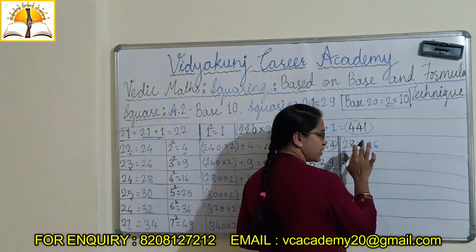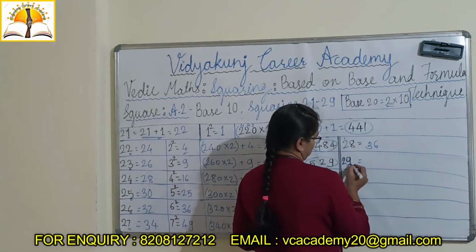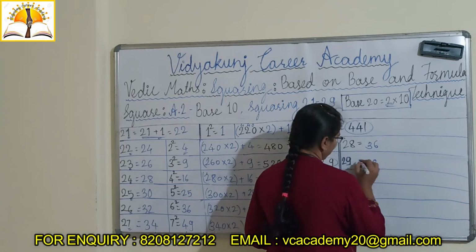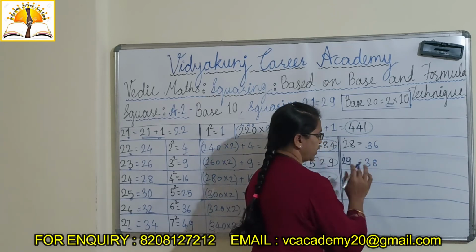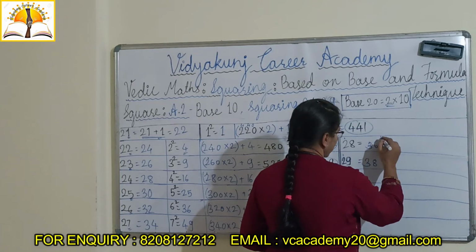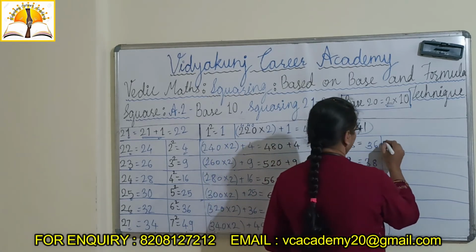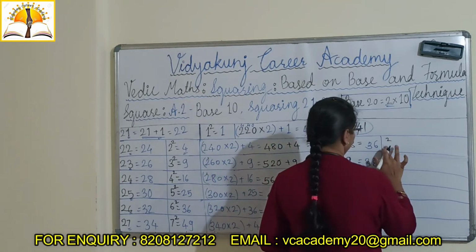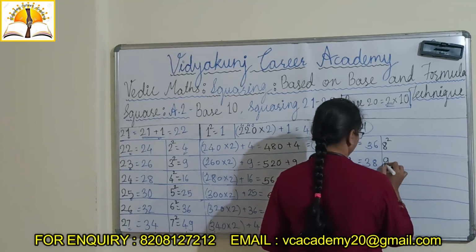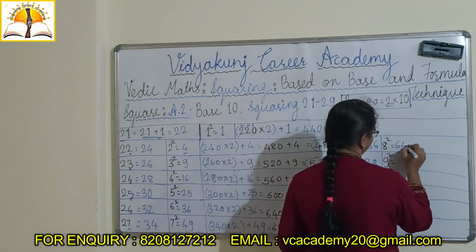Here also 28 plus 8 we have done. Okay. Now 9 plus 9, 18, 1 carry. Here 38. Okay. Now for the next step we have to do, unit place number is here 8, 8 square. Here 9 square. Okay. What will be here? 64 and here 81. Yes or no?